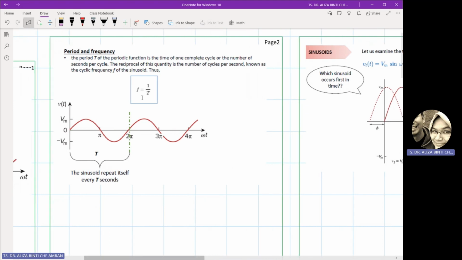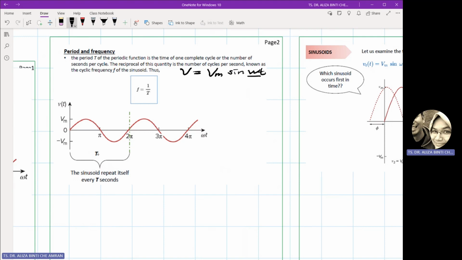In this equation just now, sorry, it's not Vm, it's V. It's a voltage, and this voltage has a maximum amplitude, and then it has a signal, and then omega t. You need to know that omega can be represented using T or f.